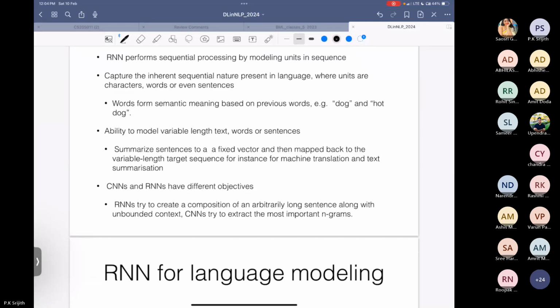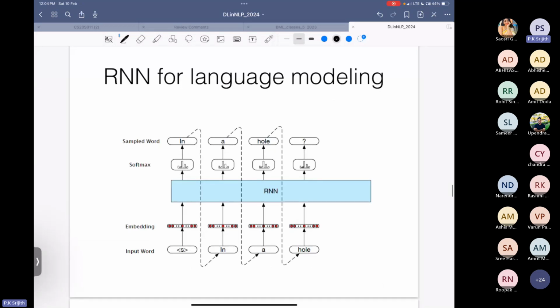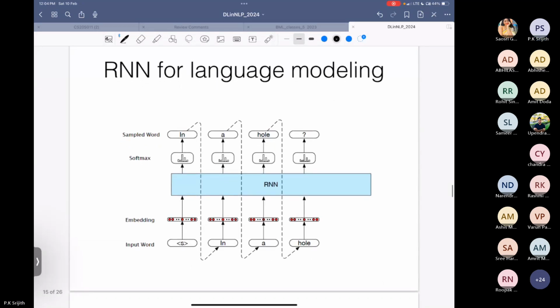Yeah, so this is RNN for language modeling, and this is how you can use RNNs. The previous neural network that we have used was a simple feed-forward neural network where you are required to pass the last n minus 1 words as input.